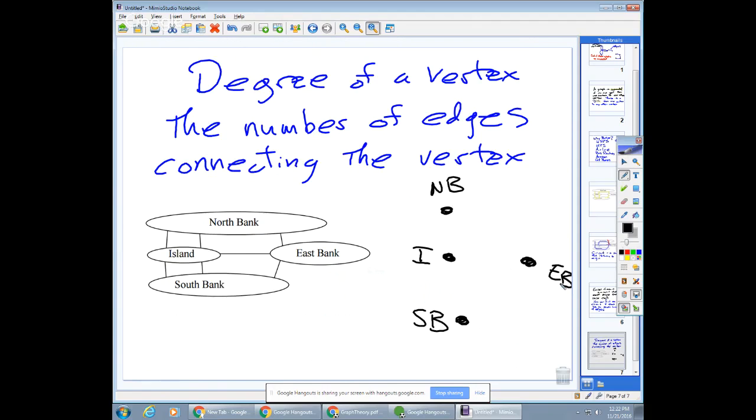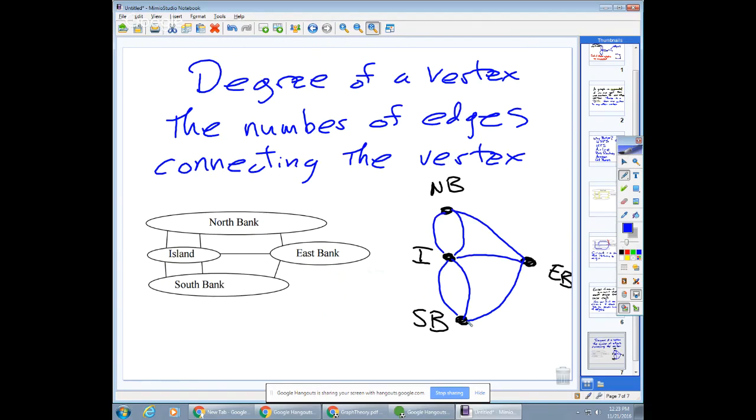And then we can draw the edges, which are the bridges. So north bank to island, there's 1, 2 bridges. Island to south bank, we have 1, 2 bridges. And then the east bank is connected to everything. So that would be an abstraction. That would be the actual graph for this situation, labeled.